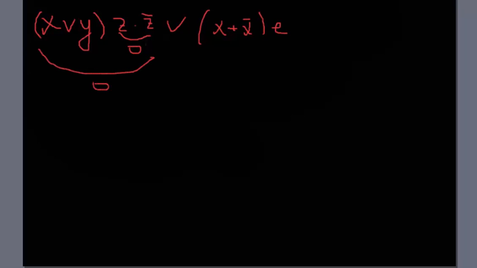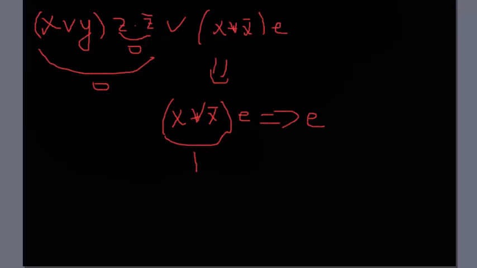So we are only left with this one, right? X plus X negation, and we said X plus X negation is equal to 1 every time. I forgot this one. This and this make 1 every time.